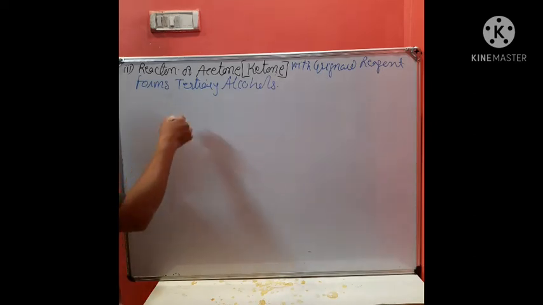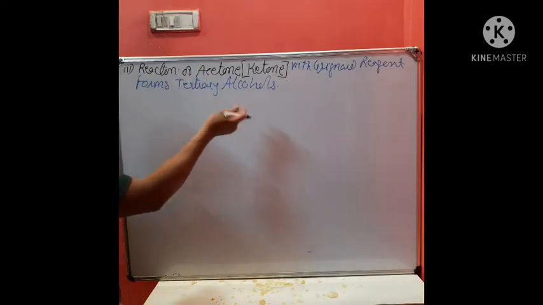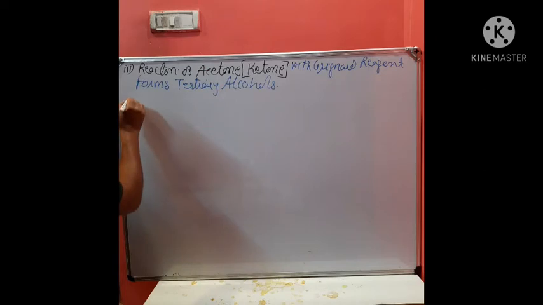So now I am writing the reaction with, suppose, acetone. So C double bond O, and in these two free valencies we can place CH3 and CH3.